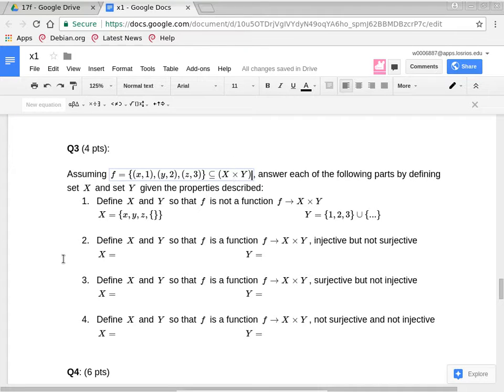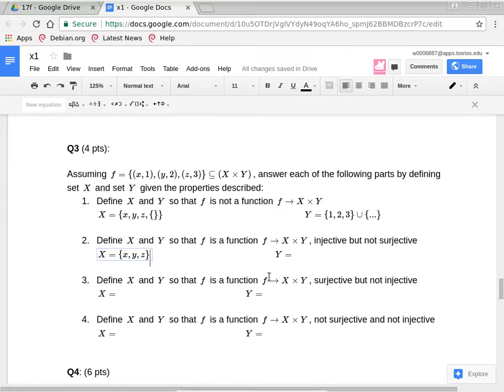Okay, all right. So looking at this one, what do you think? Define X and Y so that F is a function. Well, if F is to be a function, then we know x, y, and z can be the only elements in uppercase X because everything in the domain must be mapped by the function. So it cannot have any additional elements in this case.